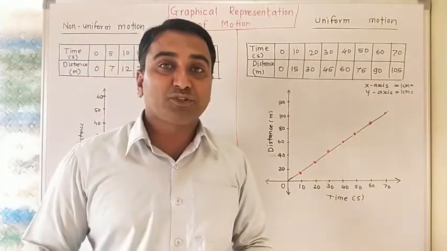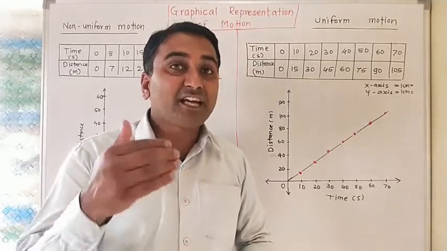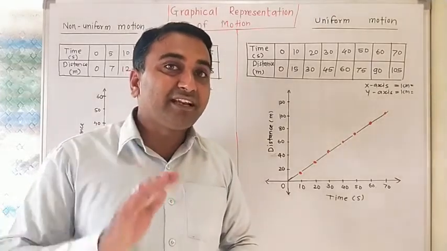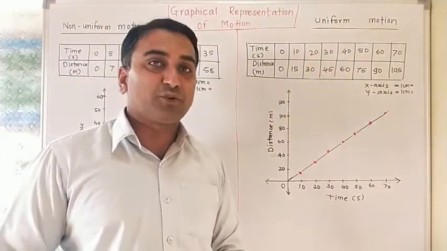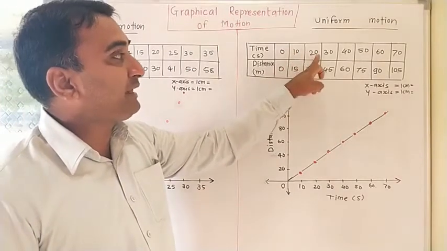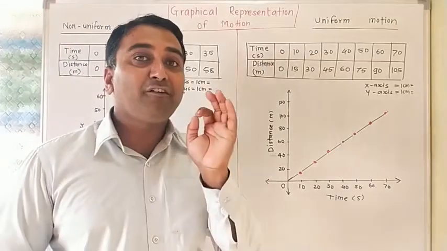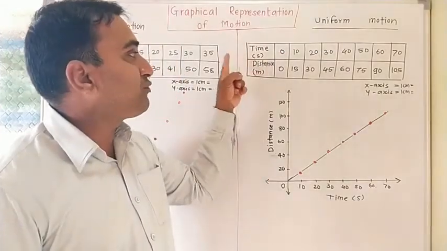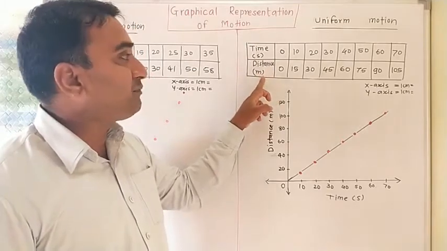What is uniform motion? When an object covers equal distances in equal intervals of time, that kind of motion is called uniform motion. See here, 0 to 10, 10 to 20, 20 to 30. The time duration is 10 seconds, because time is taken in seconds and distances are in meters.